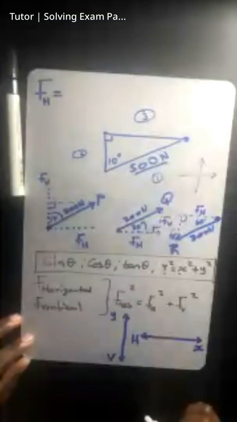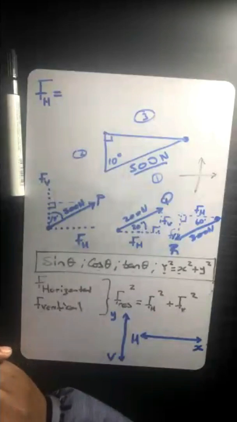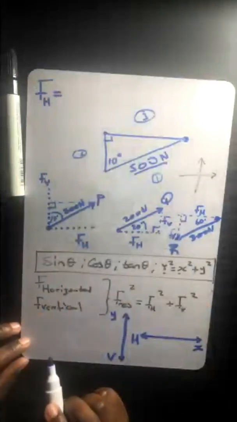Wait, isn't 2 the horizontal side? No, no, no. 2 is not the horizontal side. A line that is straight from top to bottom is vertical. Then from left to right or right to left, it's horizontal.